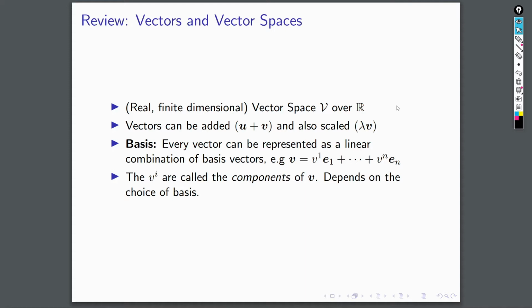Remember that the vector space is this place where we can add vectors and we can scale them, and there's all kinds of associativity properties and commutativity properties and all of these kinds of things. Definitely needs to be reviewed. So here, yes, they can be added and also scaled.